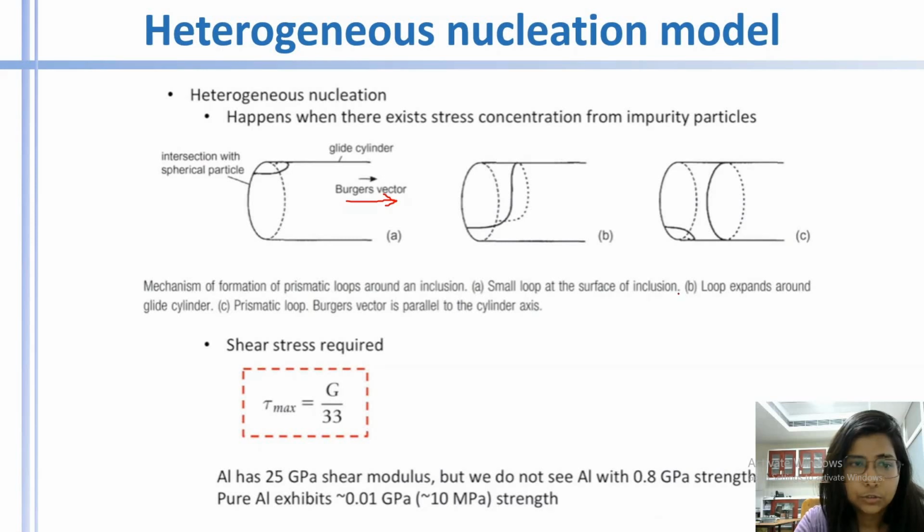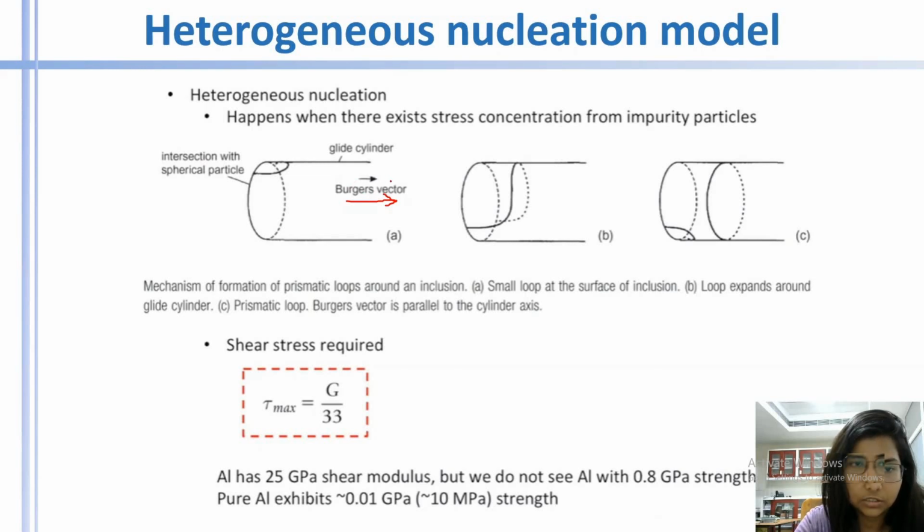Now if there is an interaction, this loop expands around the glide cylinder. Since this is the direction of the Burgers vector, the dislocation will glide along this direction.